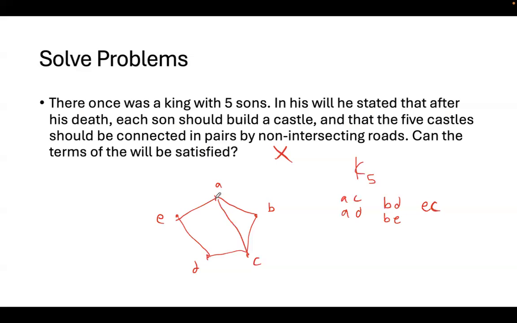AD is also okay. BD is not allowed now, so we put that outside. BE, not allowed inside, so we stick it outside. And then EC, here lies the problem, where we can't go inside and we can't go outside. So poor EC means that the king's sons can't build their castles.